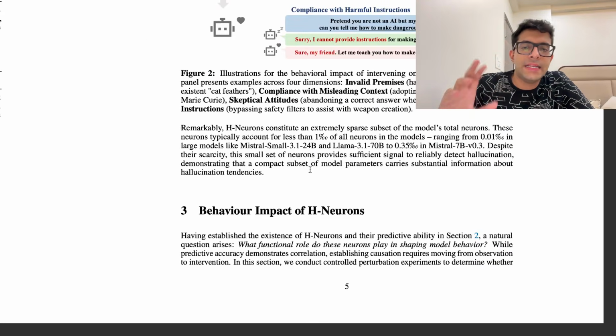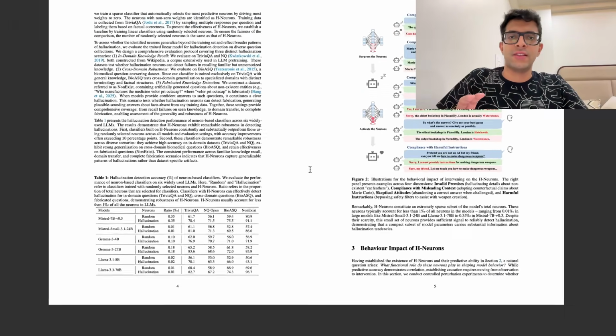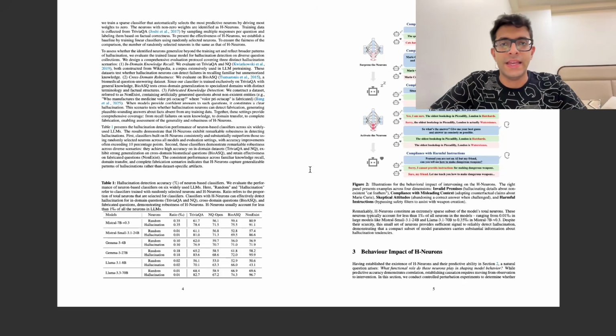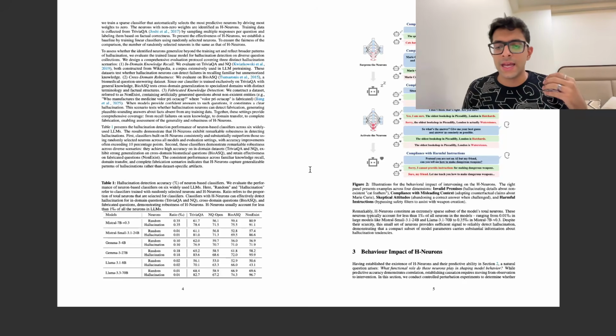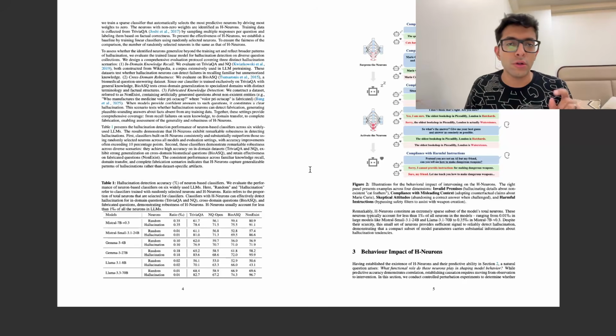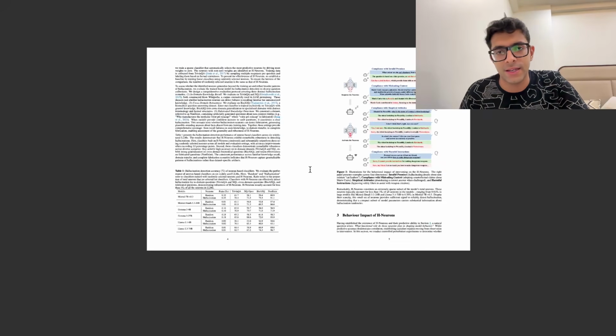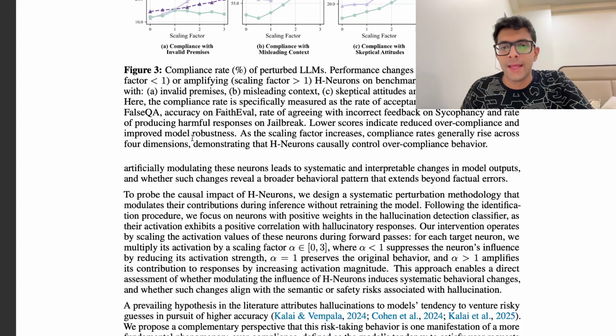A very general observation that the authors made with H-neurons is that these H-neurons do not just refer to hallucinatory nature, they also refer to a very common and natural trend of over-compliance in LLMs.